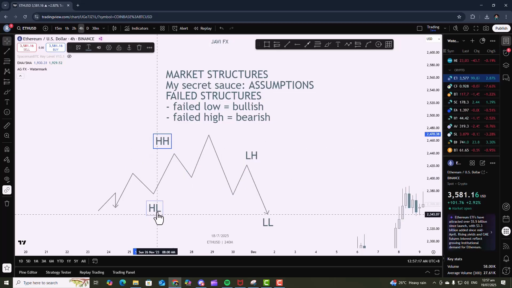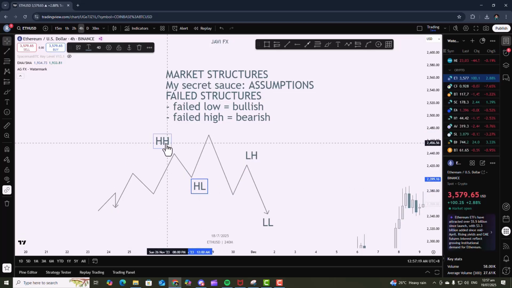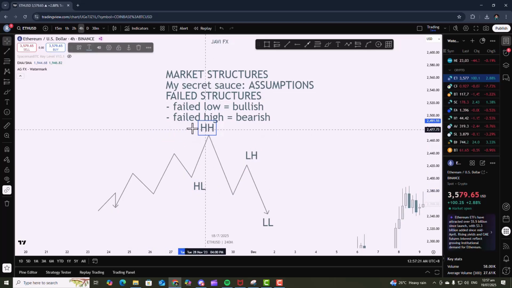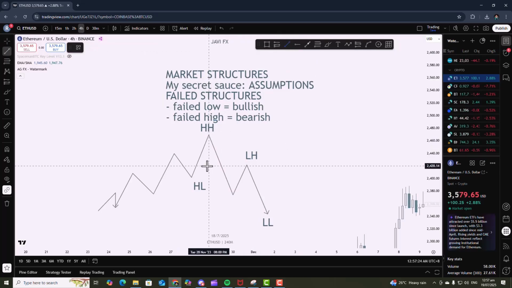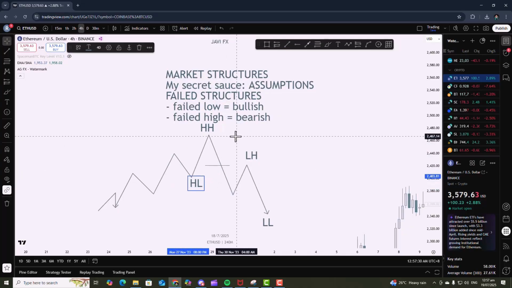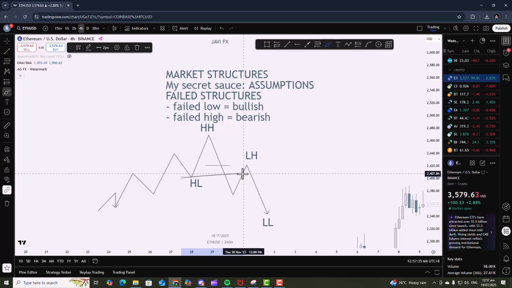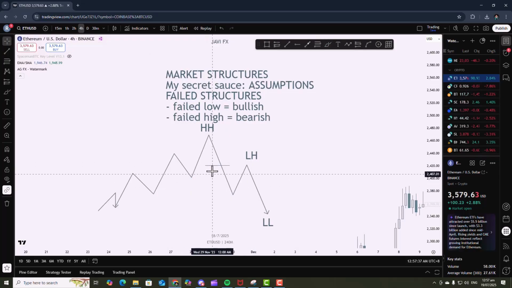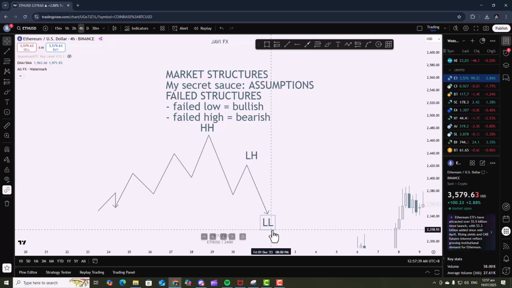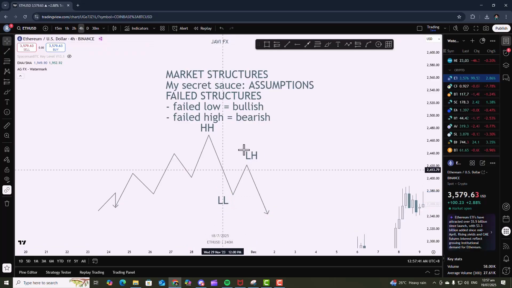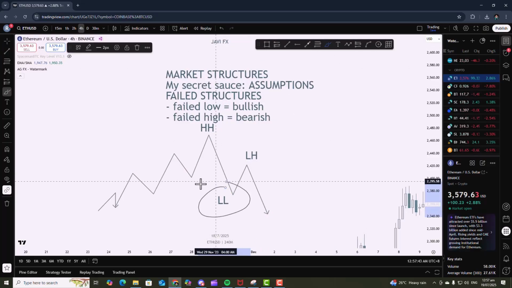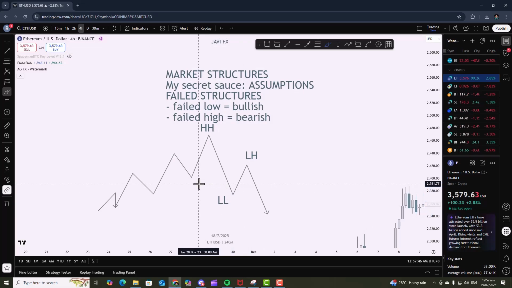Higher high, higher low, higher high. Let's say there was a structure here. That would have been your higher low. Let's say you have a structure. However, what happened? You created a lower low. And manipulation happens quite frequently in the crypto market. So, okay, you accept it.